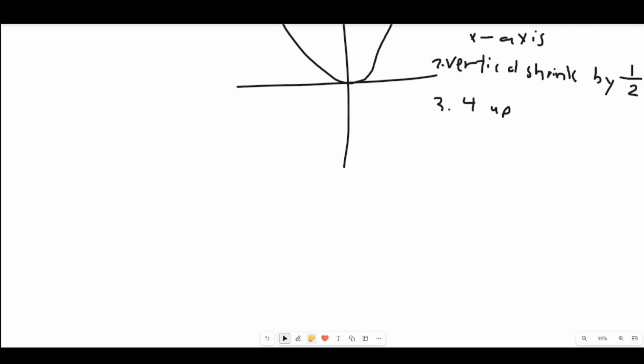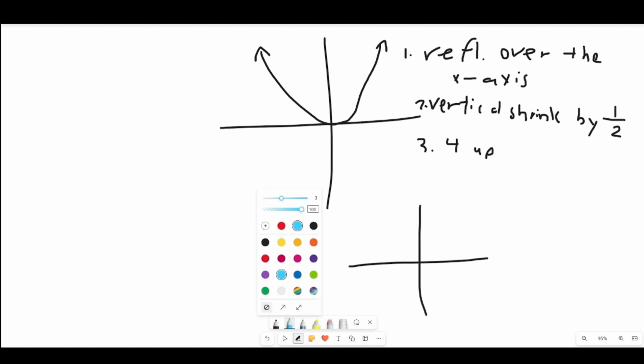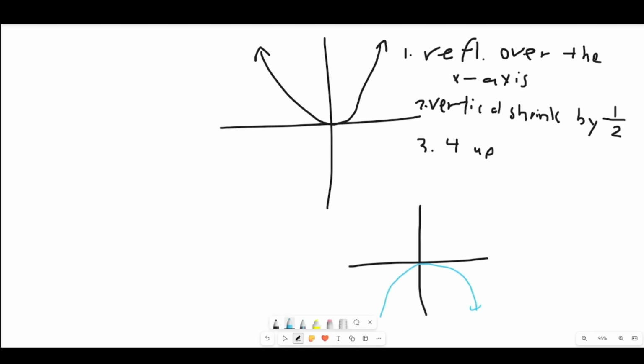Okay, so if we look at this, the directions first say to reflect over the x-axis. So first, we're gonna have a reflection. So it's gonna be like, oh my, that was bad. It's gonna first be something like this over the x-axis. Then it wants us to shrink it vertically by 1/2.